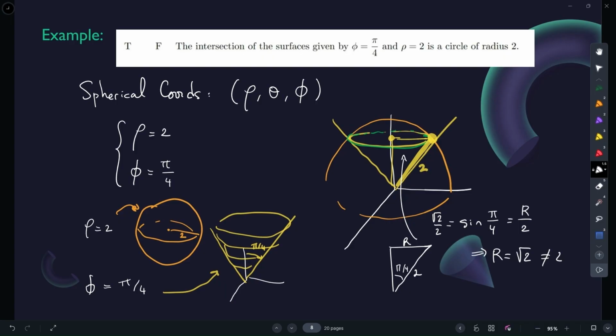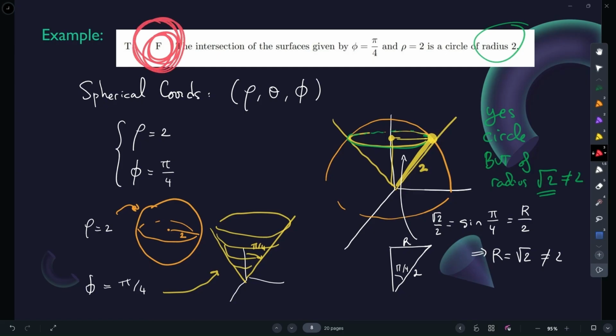So the cross section is a circle, yes, it is a circle, but of radius square root of 2 and not 2 like they say. So the statement as written is false.